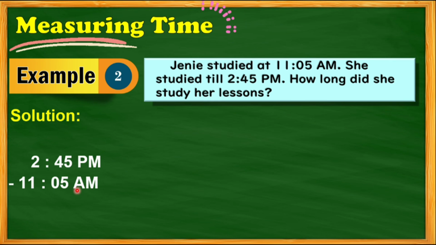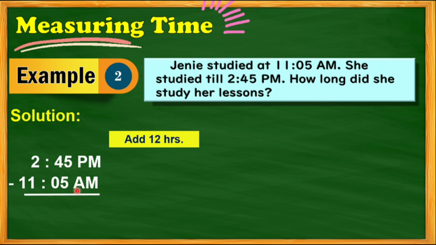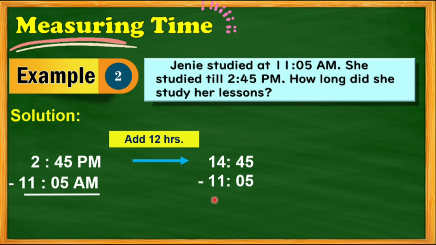So add 12 hours to 2:45 p.m. to make this one a 24-hour format. So this would be 2 plus 12 is 14. Then retain the minutes. So we can now solve the time studied by Jenny. So 14:45 and 11:05.